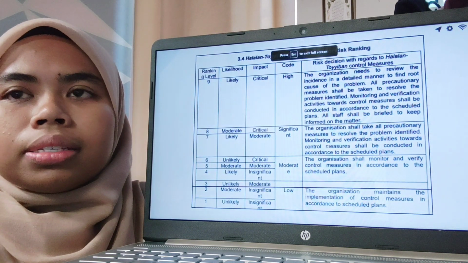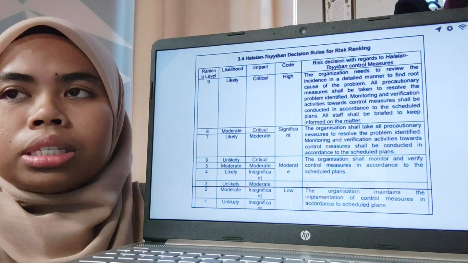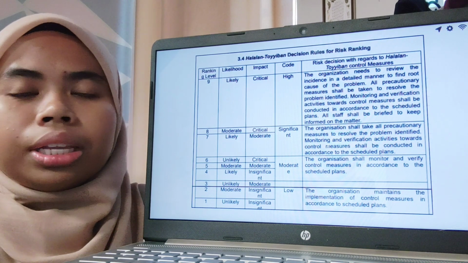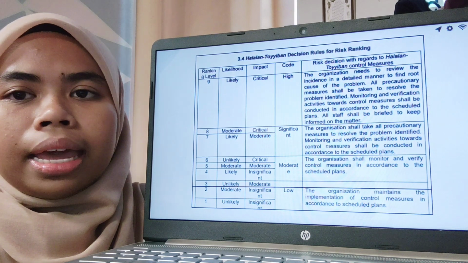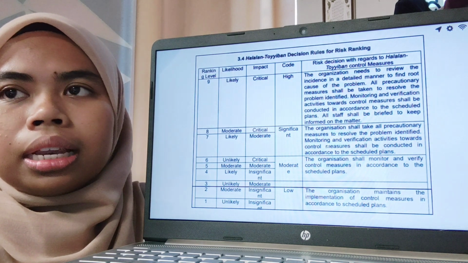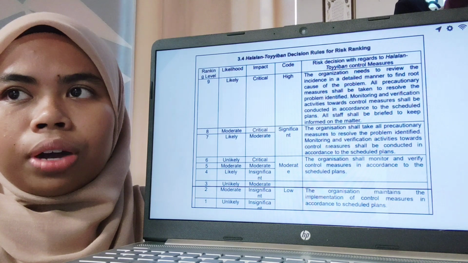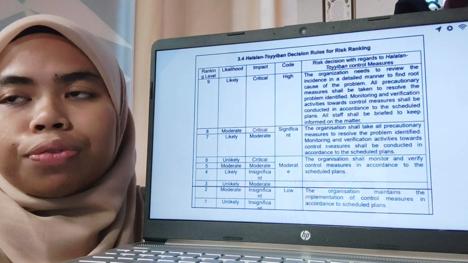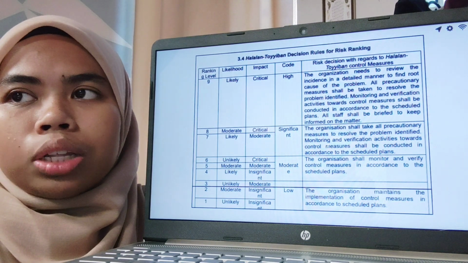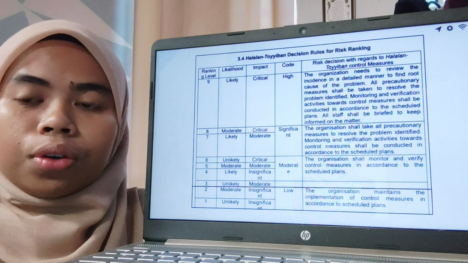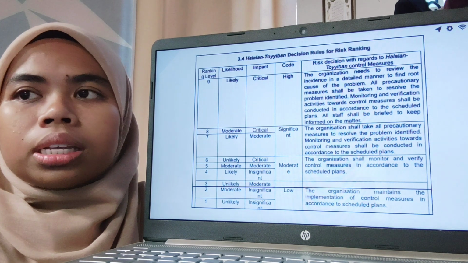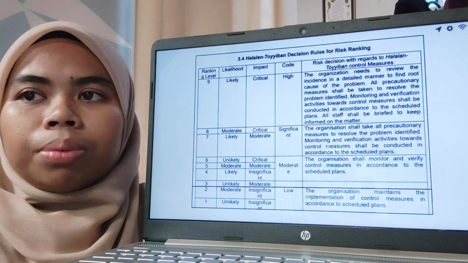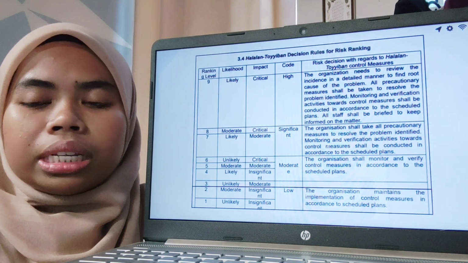So this is the halal and thayyiban decision rule for risk ranking. We have 8 levels, which is 1 until 8, and 8 is code height, and the organization needs to review in a detailed manner to find out the root cause of the problem. All the workers shall be briefed to keep them informed on this matter.